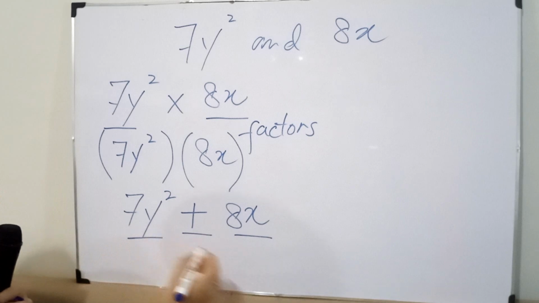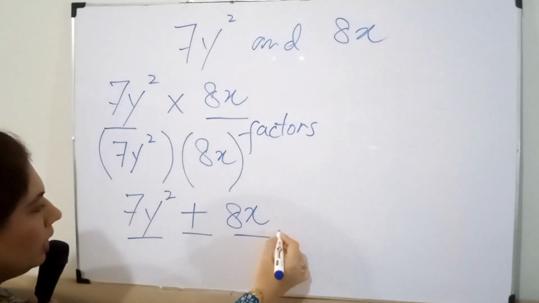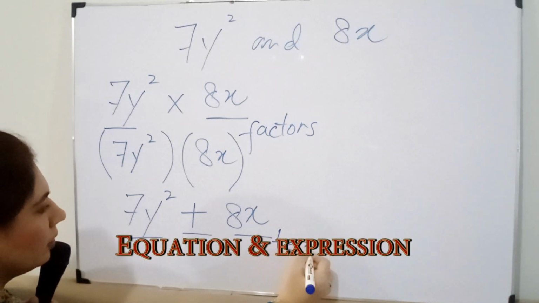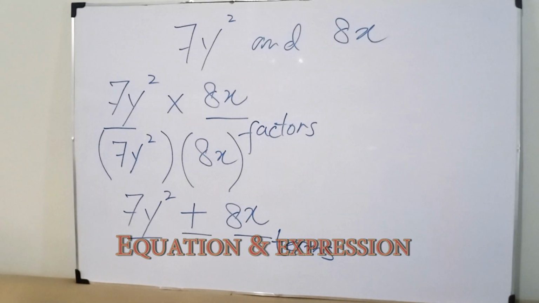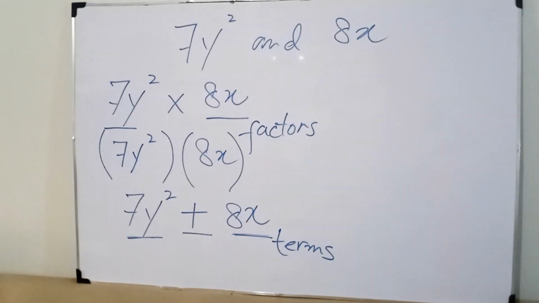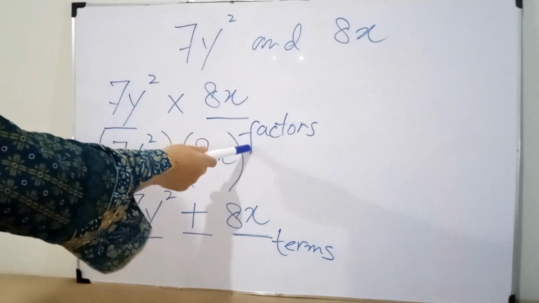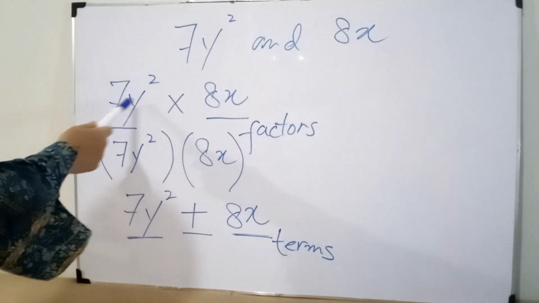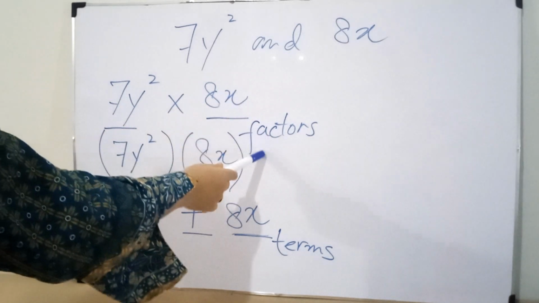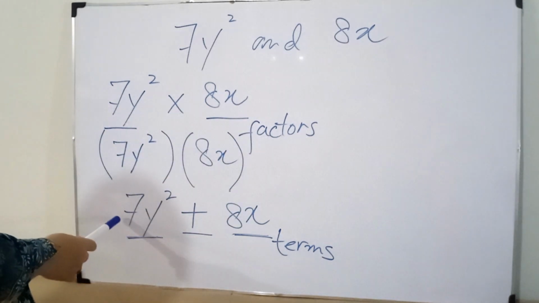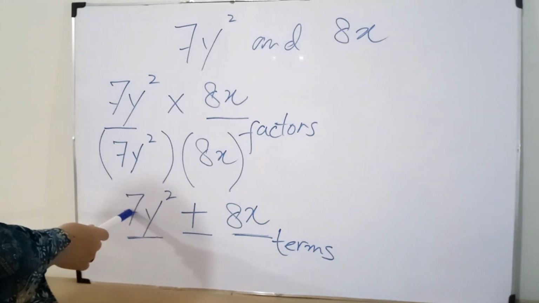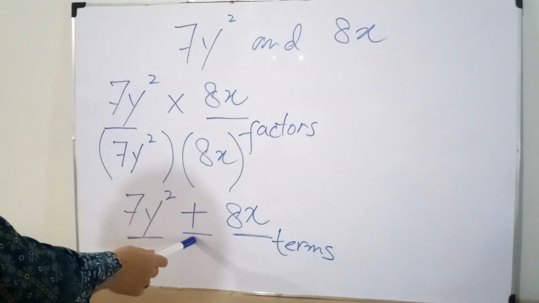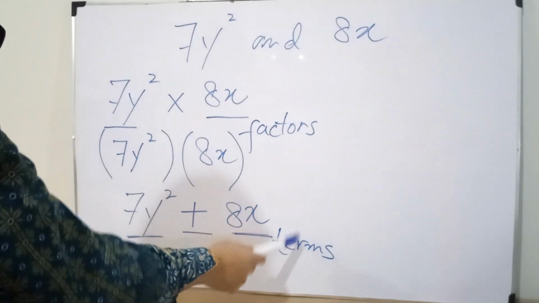The underlined parts are called terms. Now you can see the difference between factors and terms. If the algebraic components are written with the sign of multiplication, these make factors, and if algebraic components are written with the sign of addition and subtraction, these make terms.